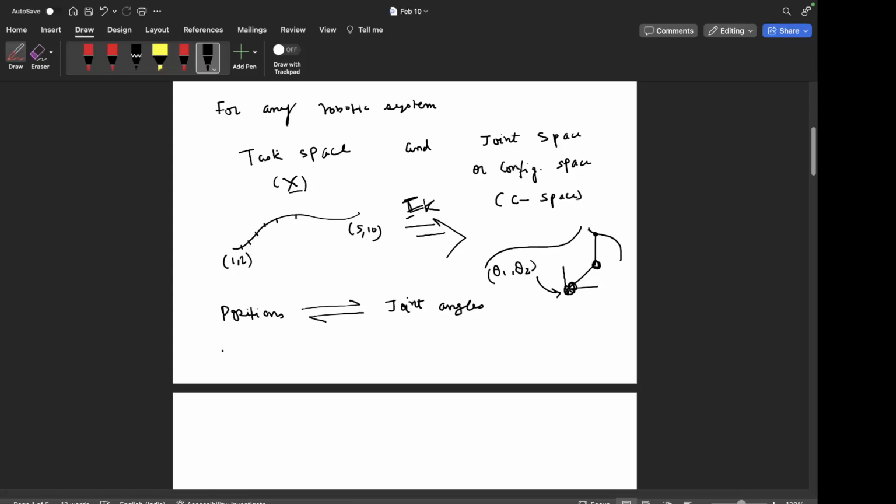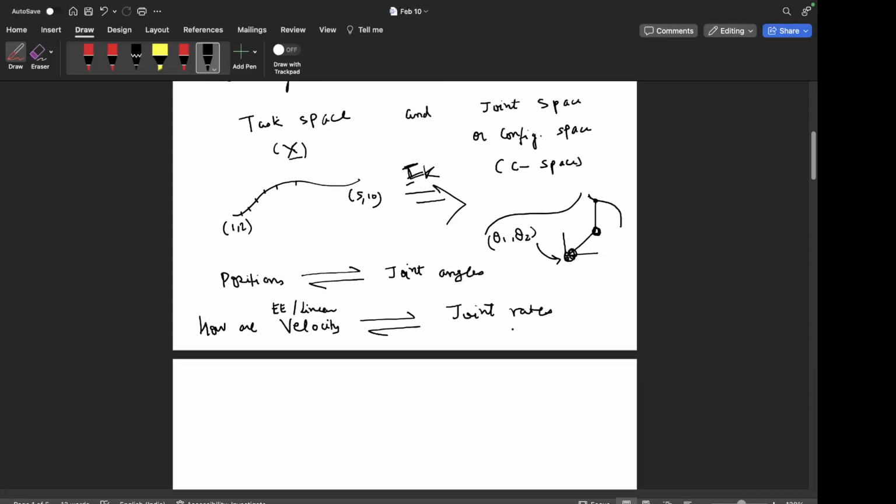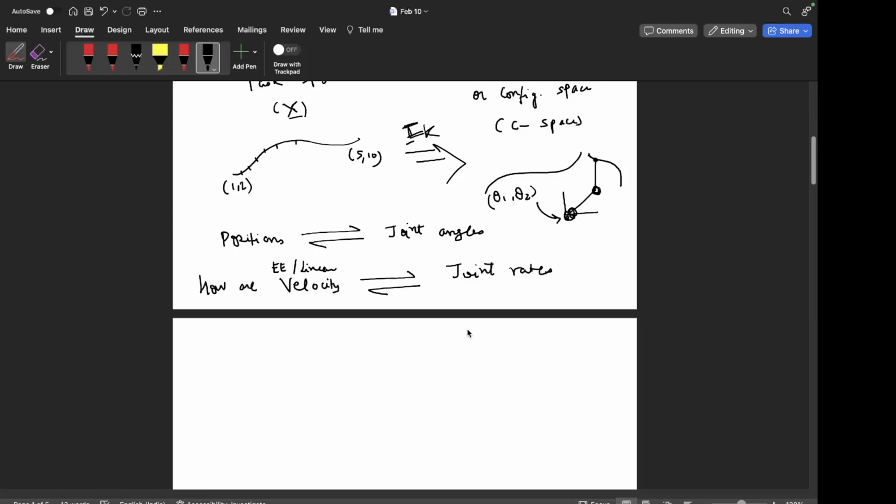Now what we will see is how the end effector velocity, or linear velocity, relates to the joint rates, that is the rate of change of joint angles. That's the next step we want to take, relating these two quantities.